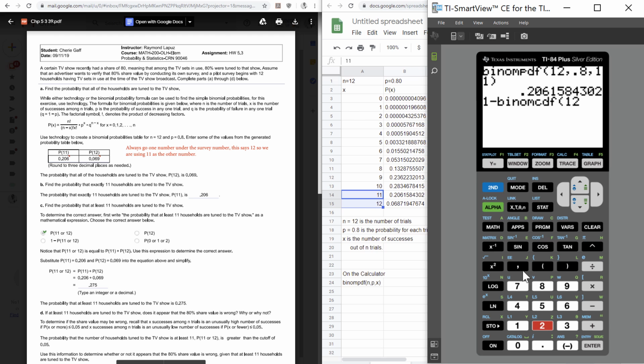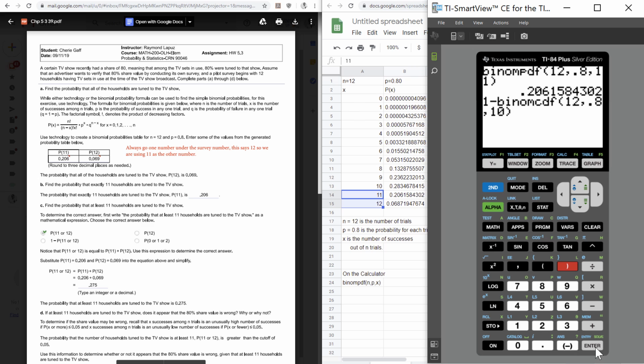N is equal to 12, P is equal to 0.8, and this time I only want to go up to 10. That's the 1 minus, and I'm only including anything bigger than 10, which would be 11 and 12.